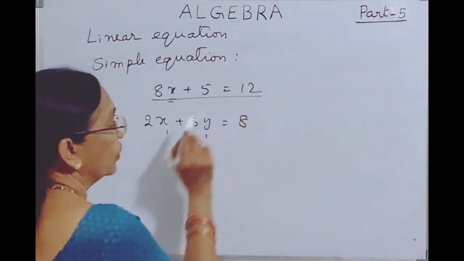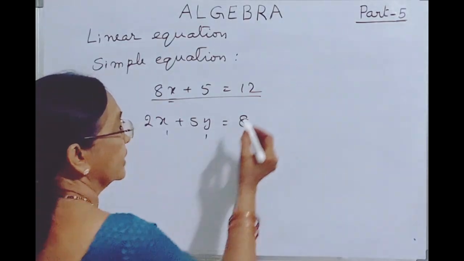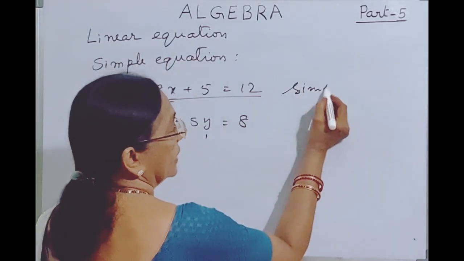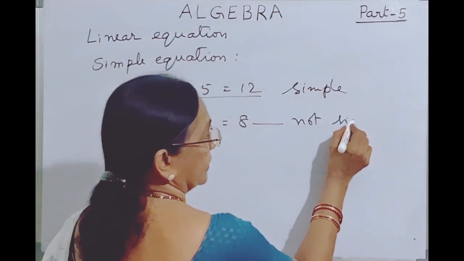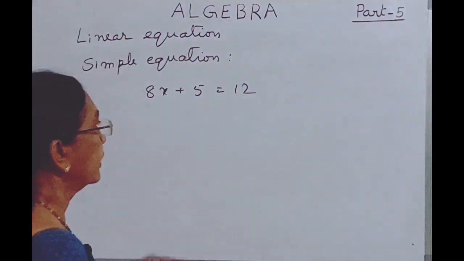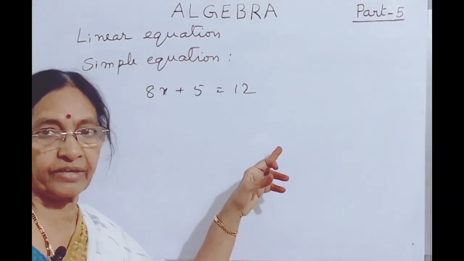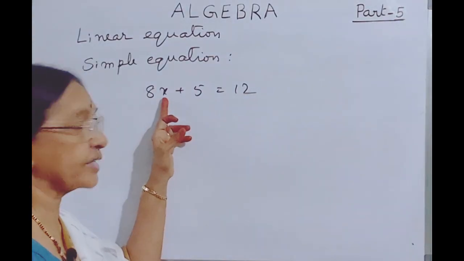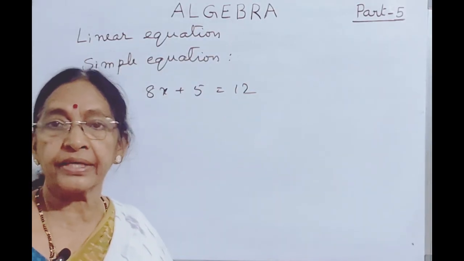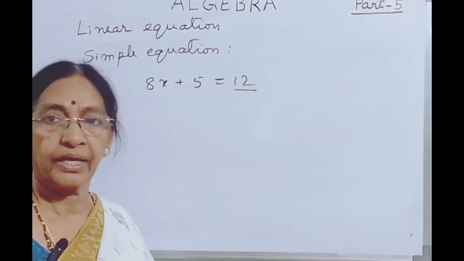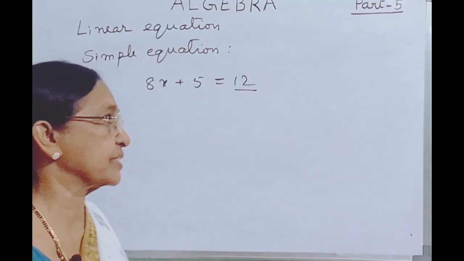If you have only one variable in an equation, that equation is called a simple equation, but this is not a simple equation. Here 8x plus 5 is equal to 12 is a simple equation, where x is a variable. We can solve this equation. Finding the value of the variable in a simple equation is called solving the equation.